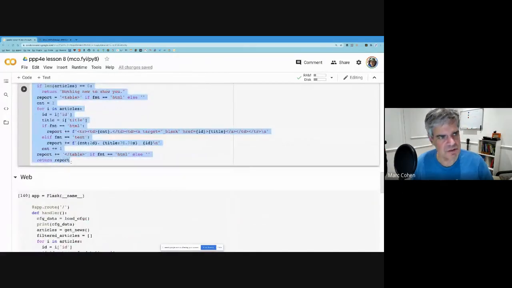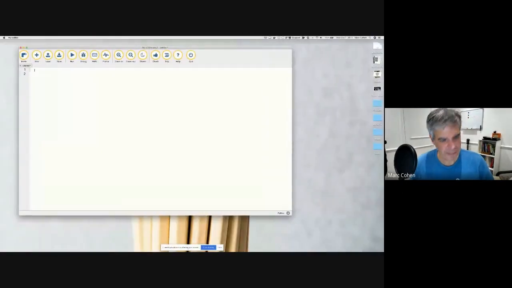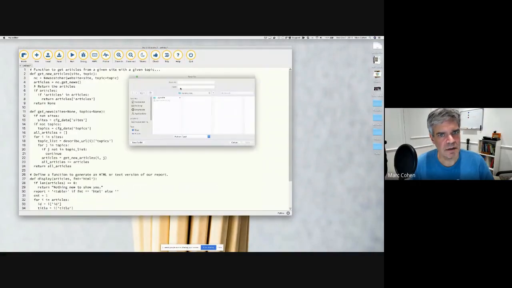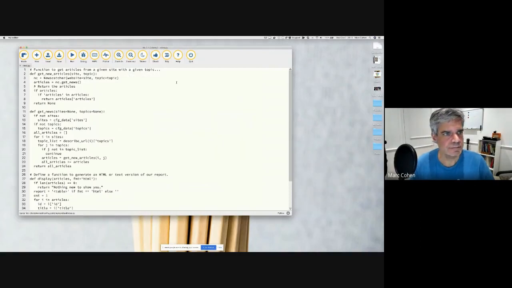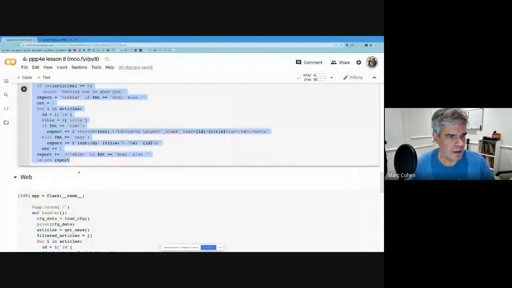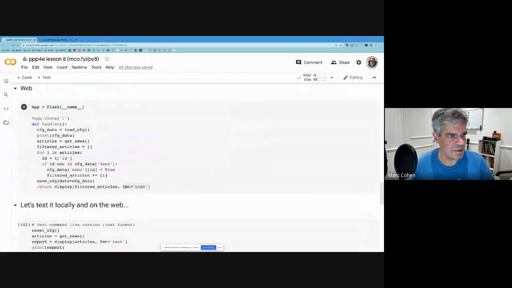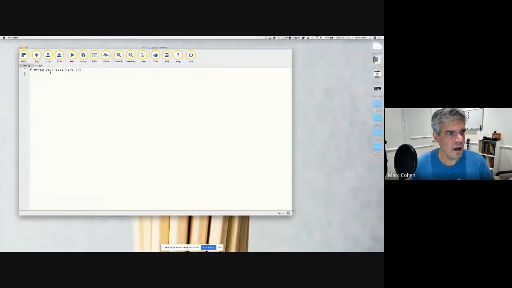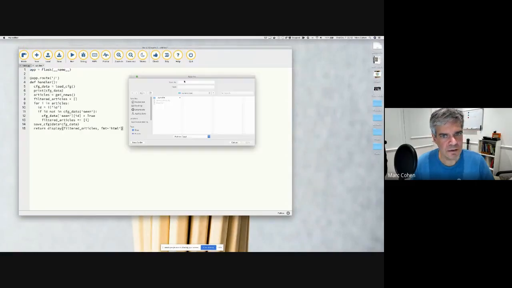I would paste the news stuff in there, save it, and call it news.py. Here's the web piece. I'll put that in a web.py. I don't actually have to say .py, I think it does that automatically.